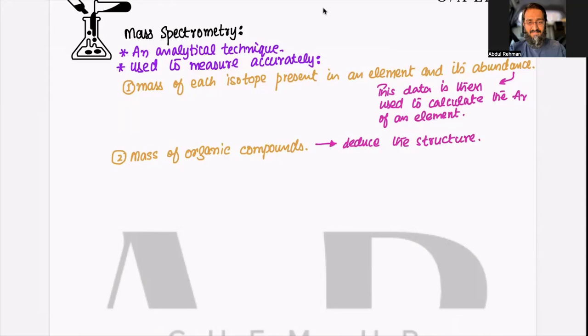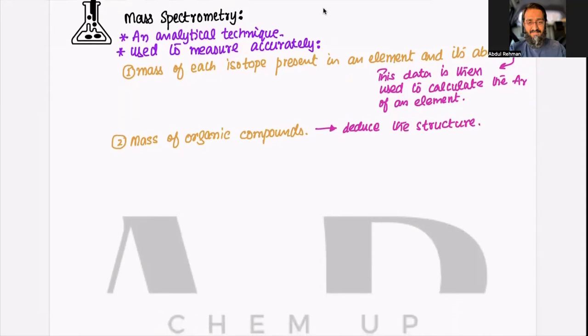So right now, we are going to focus on how to calculate the relative atomic mass of an element through mass spectrometry data. Okay.